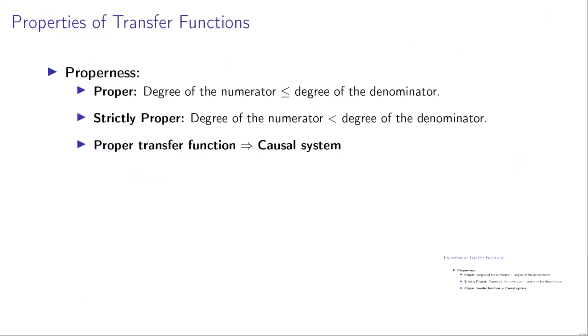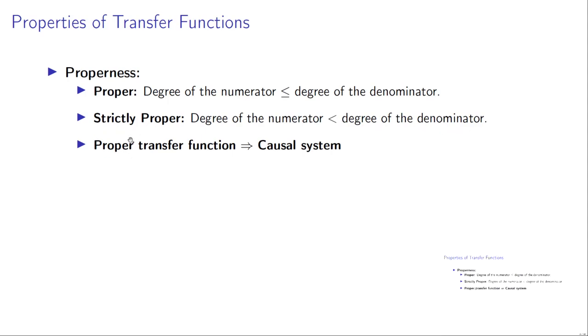Properties of transfer functions. First, we can call a transfer function proper if the degree of the numerator is less than or equal to the degree of the denominator. We can call a transfer function strictly proper if the degree of the numerator is smaller than the degree of the denominator.